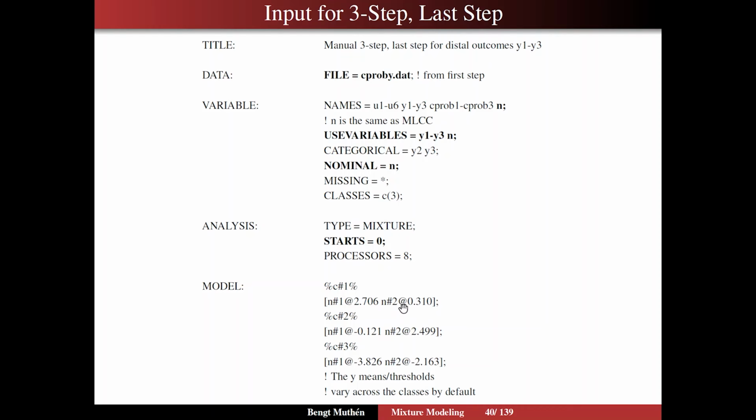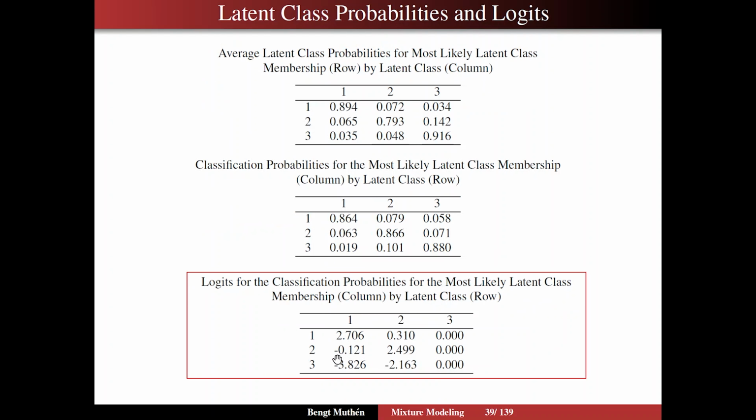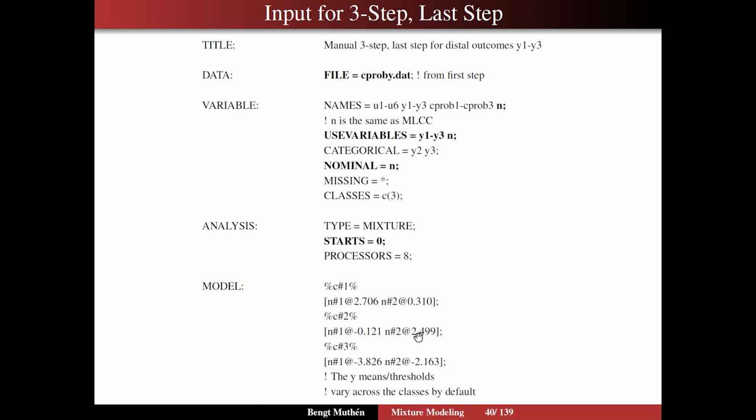So we have at here. And then we go down to the next row of logits, minus 0.121, 2.499, and so on for the last class.